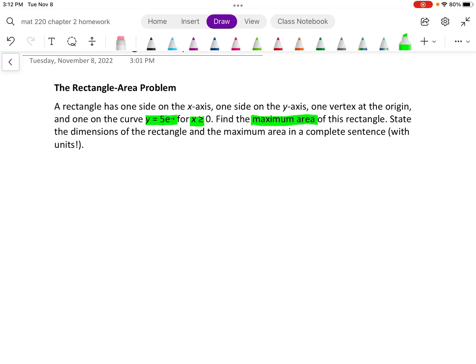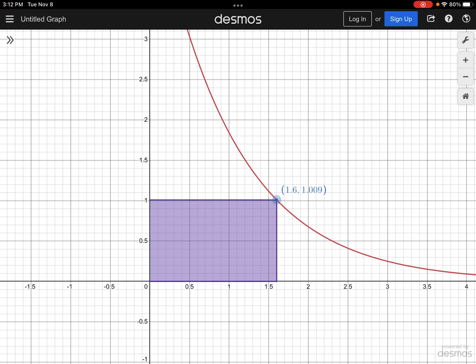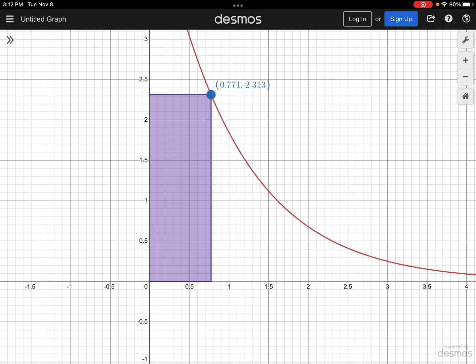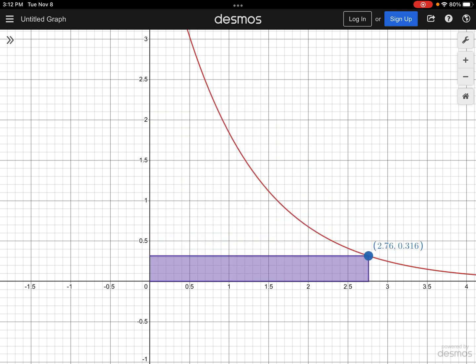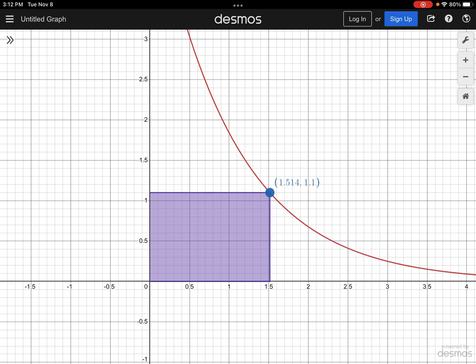Now, to give you a little bit of visualization of what's going on here, I've created this Desmos graph. The red curve you see is y equals 5e to the negative x, and this purple box that we see is the rectangle we're creating. We want to figure out where along this curve I'm going to get the biggest rectangle possible with the most area.